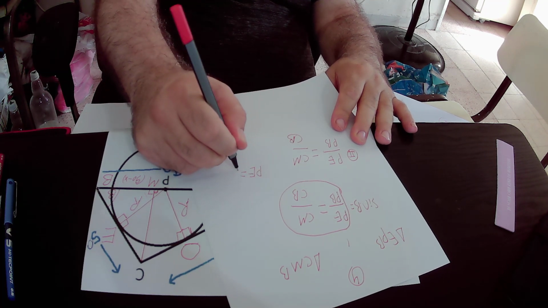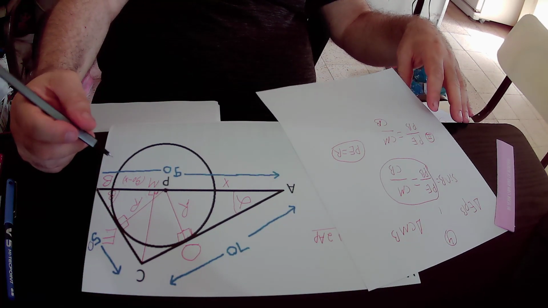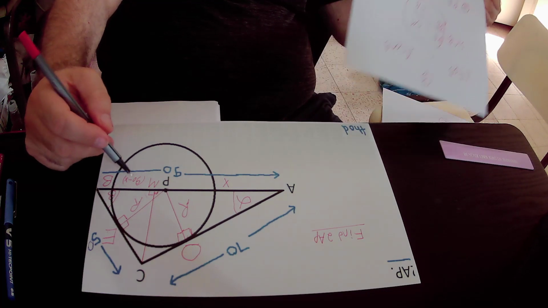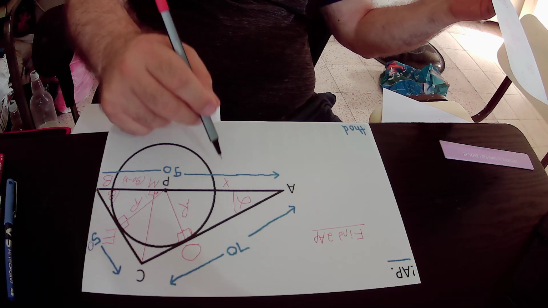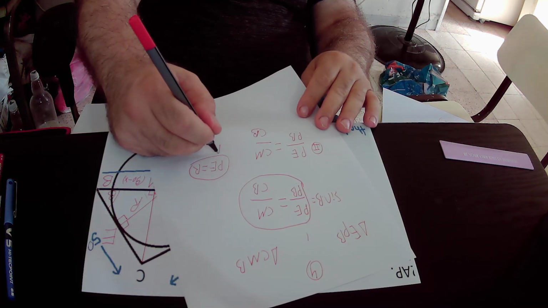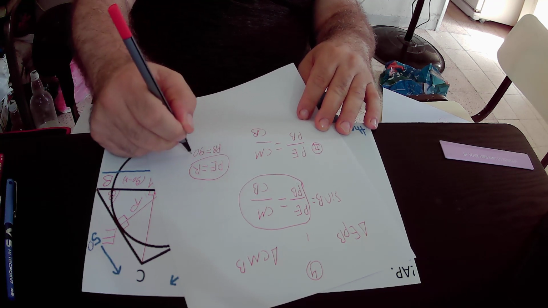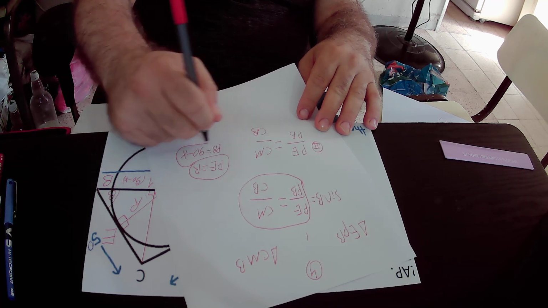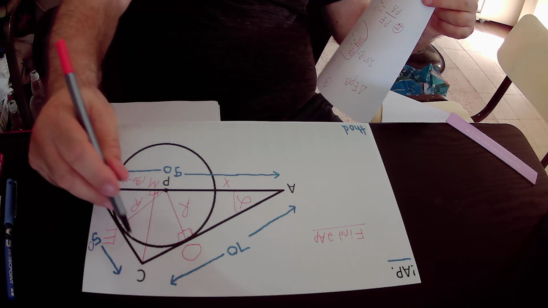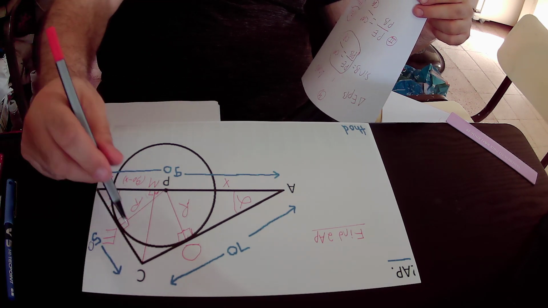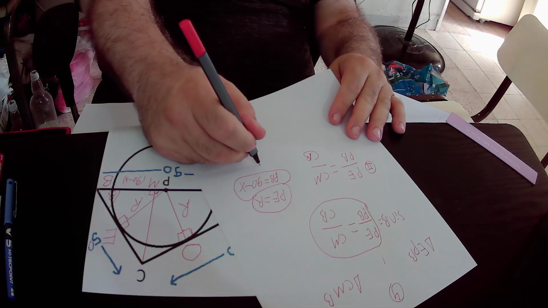PE equals the radius of this circle, that is R. PB is AB minus AP, that is to say 90 minus X. So PB equals 90 minus X. And CB is given to us. CB equals 50 units. Okay, CB equals 50.